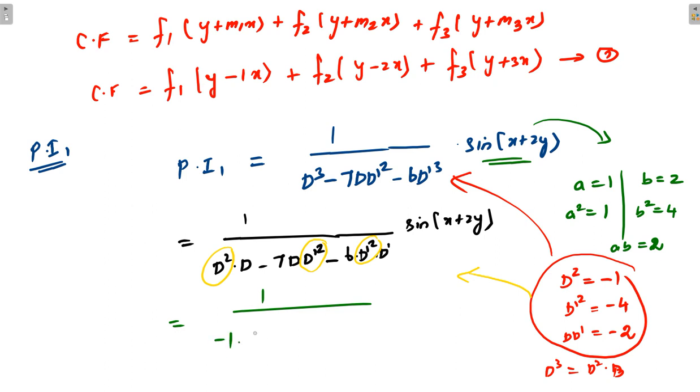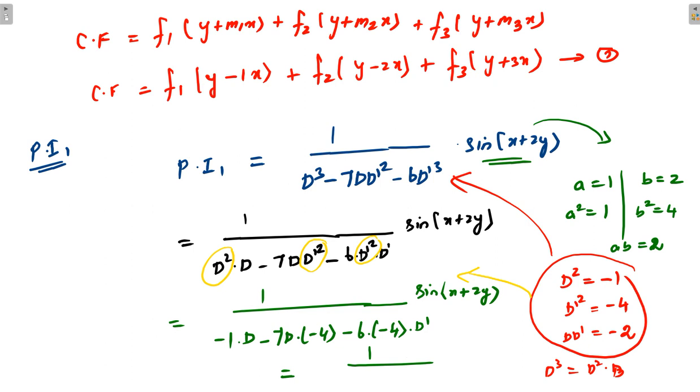So from that you may get minus 1 into d minus 7 d into minus 4 minus 6 into minus 4 into d dash sine x plus 2y, which is equal to 1 by, so if you multiply you may get, so this multiplication I think 28 plus 28, minus d, that means 20 minus d plus 28d, 24 plus 24 d dash, right?